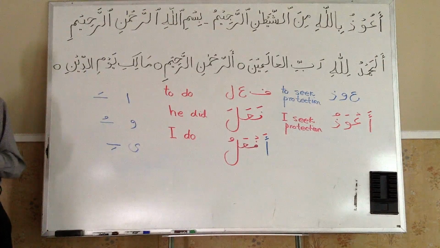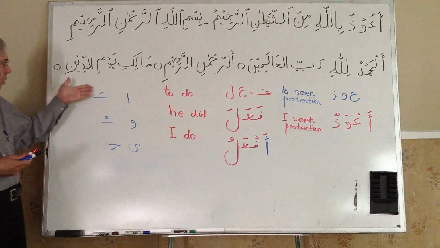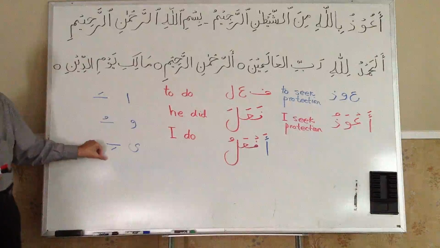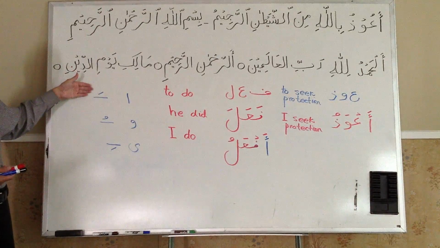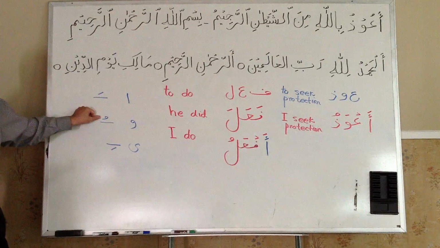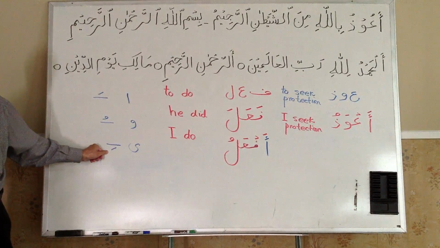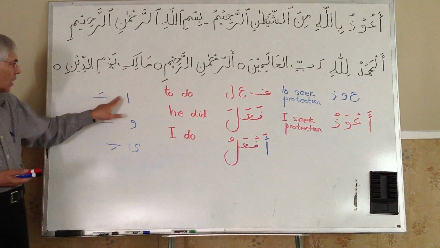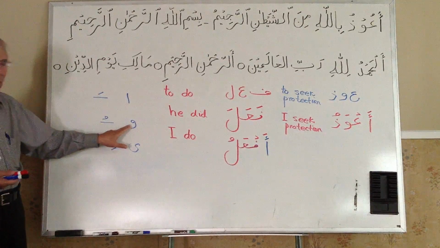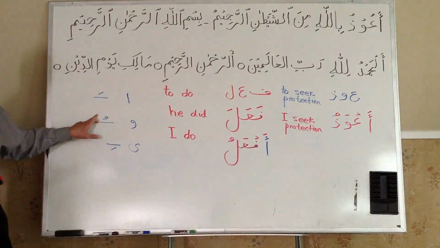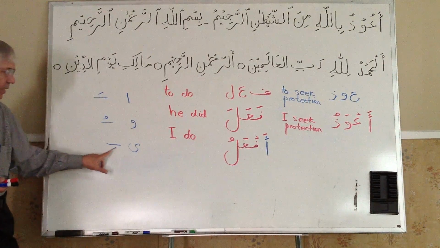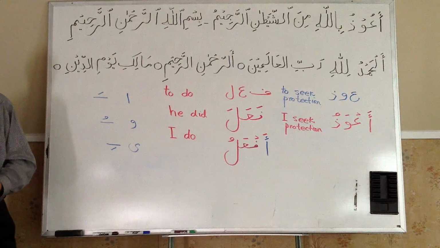In Urdu and other languages, we call it zabar, pesh, and zair. But in Arabic, this is called fatah, this is called dhamma, this is called kasra. The sound of alif is the sound of fatah, the sound of waw is the sound of dhamma, which is like O, and the sound of ya is the sound of kasra, like yi.